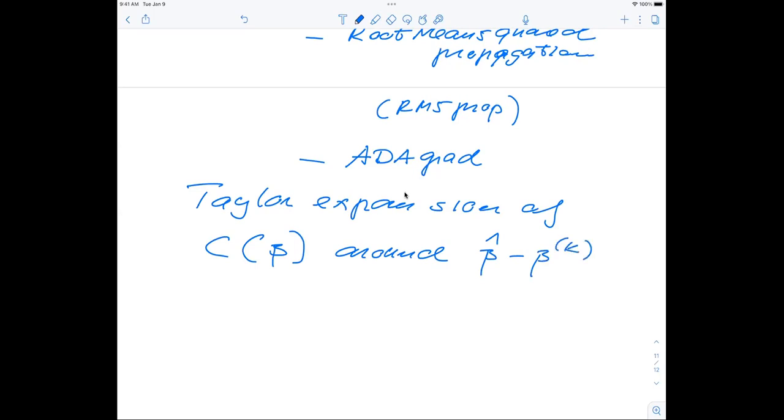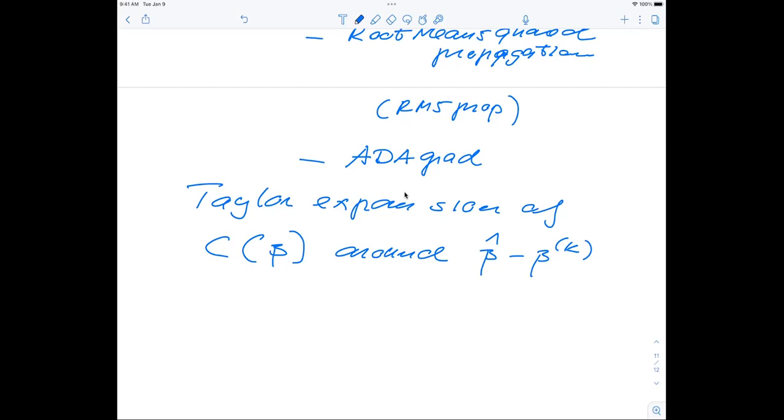So suppose now that you have performed k plus 1 iterations, and then you have obtained the optimal value of beta hat. So the hatted values are the optimal parameters, which minimize our cost function or maximize it. So when you do that, what we end up with is something like this.